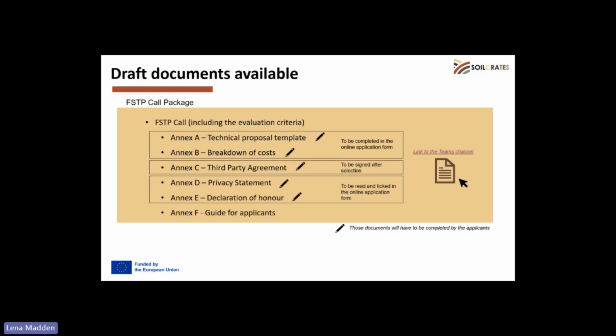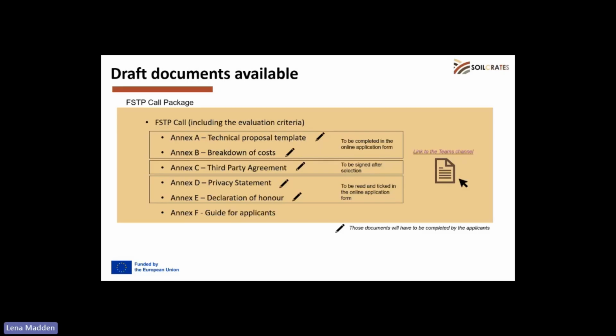Then Annex C is a third-party agreement. This will be rolled out only to the successful applicants. And the same would be with the privacy statement. So apologies, when you submit Annex A and Annex B, there's going to be a privacy statement and a declaration of honor, confirming that all information you provided in this template is correct to your best knowledge, and also the privacy statement where you agree to participate in our events and share your data.